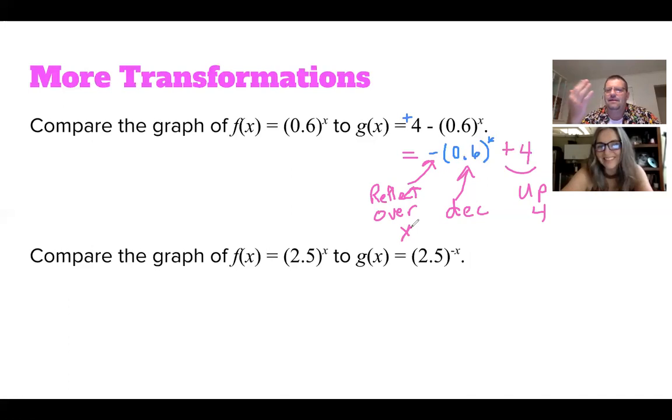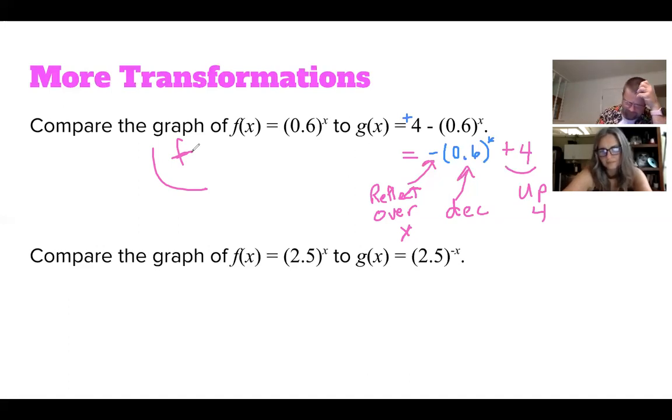There's a lot of stuff going on here, so let me go over to the side. That's f right there, the unmanipulated one. If I do all these things, I'm okay with the +4 and the decrease.